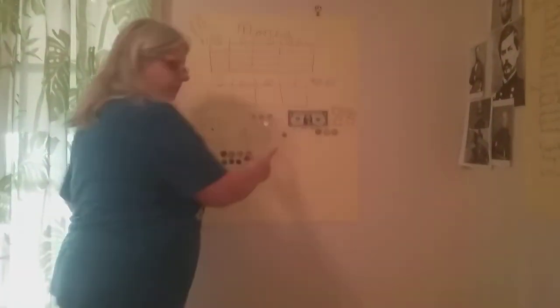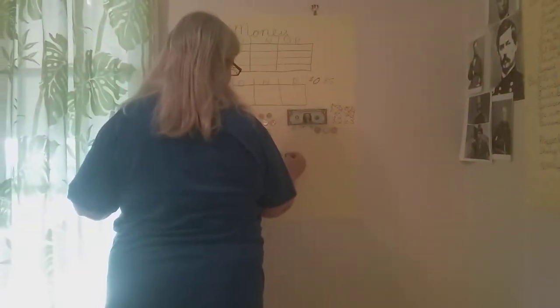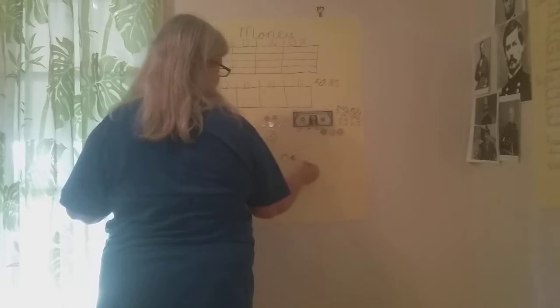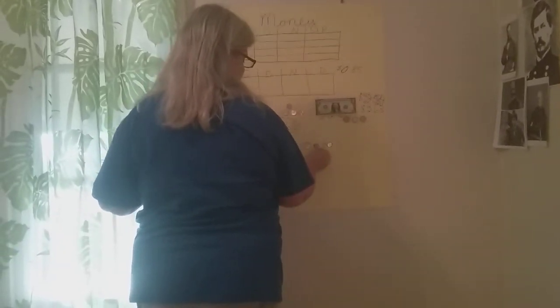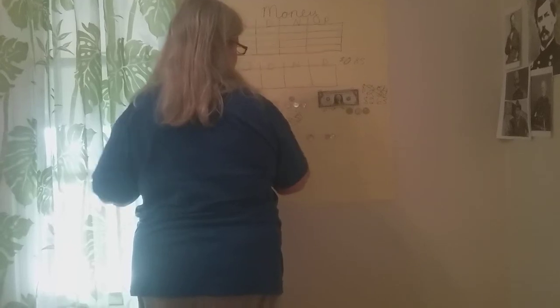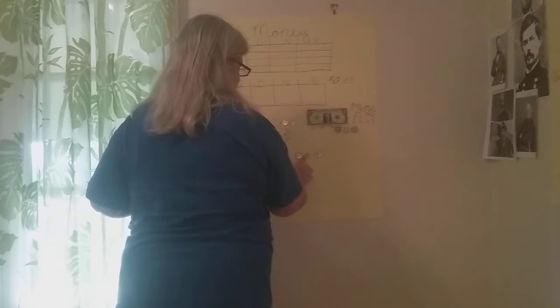Our next one, number 7 is where we are. We're going to have a quarter. 1 quarter. And then we have 3 dimes. 1, 2, 3. You know what? I'm not going to use him because he is a confusing little guy. He looks like a penny, even though he's not the right size.